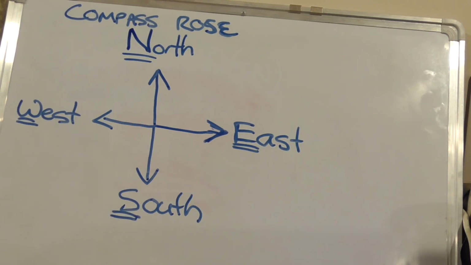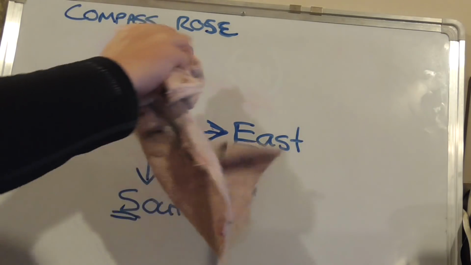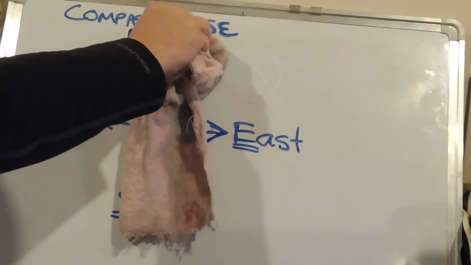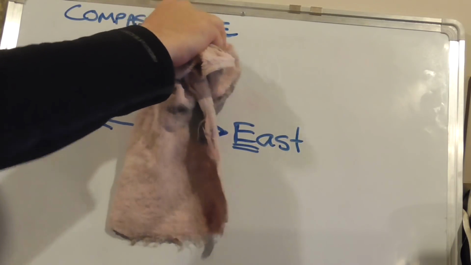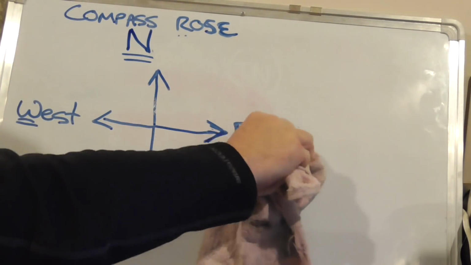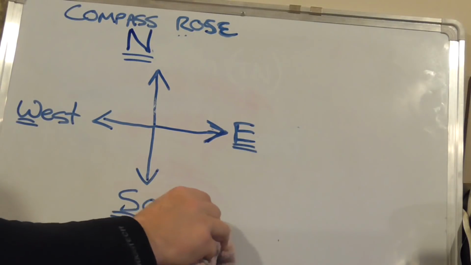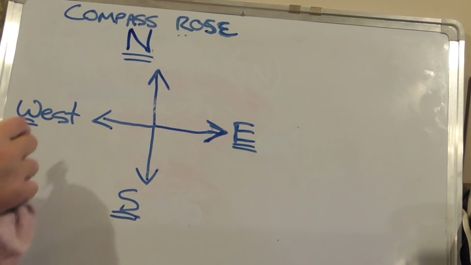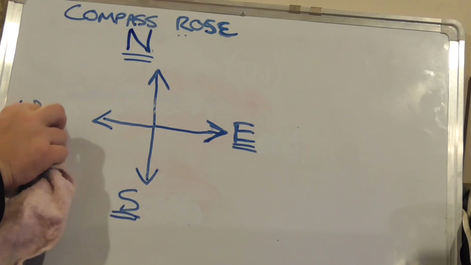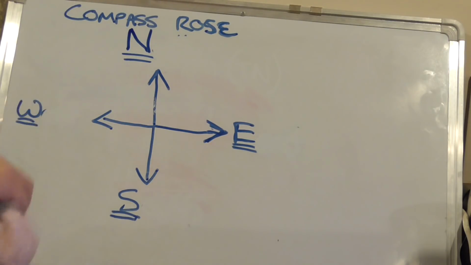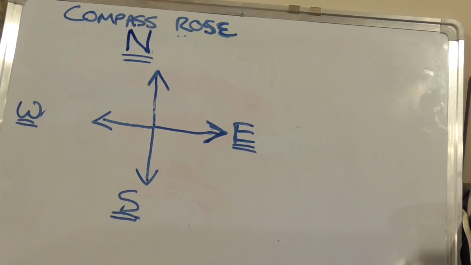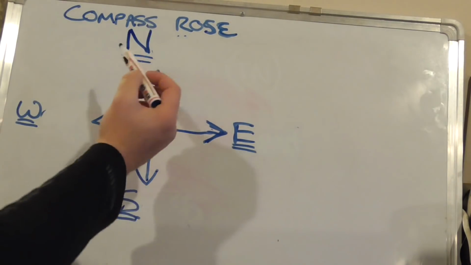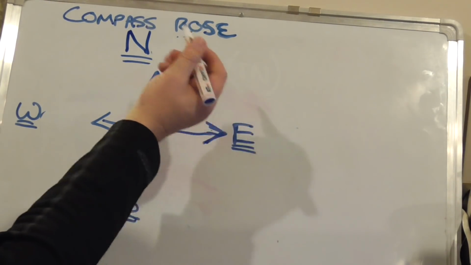What I'm going to do is get rid of the words for north and just leave the N. Get rid of that and just leave the E. Get rid of that and just leave the S. And get rid of that and keep the W. So how do we remember this? This is an easy way to remember it.